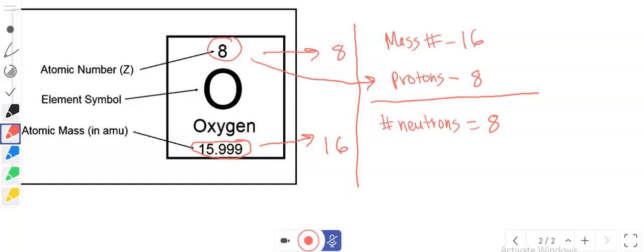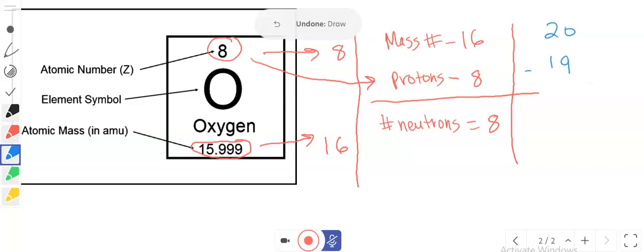Alright, so let's do another example. So say, what if the atomic mass, or the mass number was 20, and the number of protons was 19, for example, right? Let me change that number. Instead of putting 19, let's put 9. Okay.